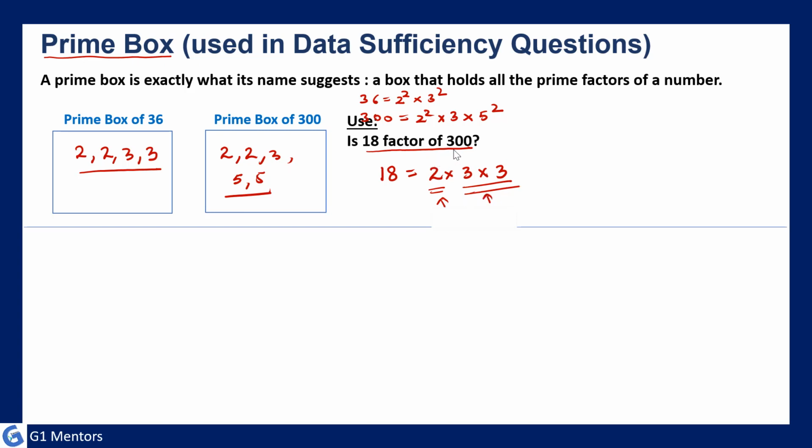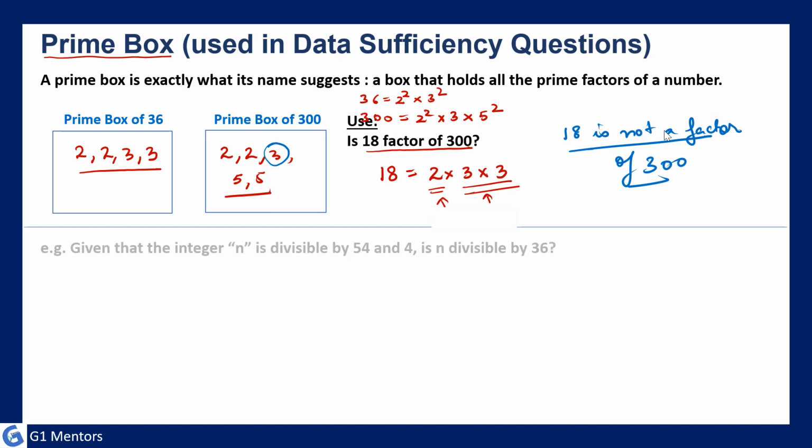If 18 is a factor of 300, or if 300 is a multiple of 18, the prime box of 300 must have at least one 2 and two 3s. However, the prime box of 300 has only one 3. So 18 cannot be formed by the factors present in the prime box of 300. So 18 is not a factor of 300.